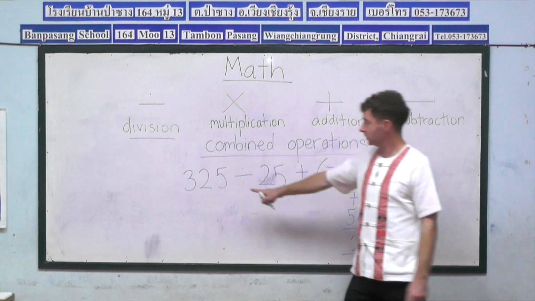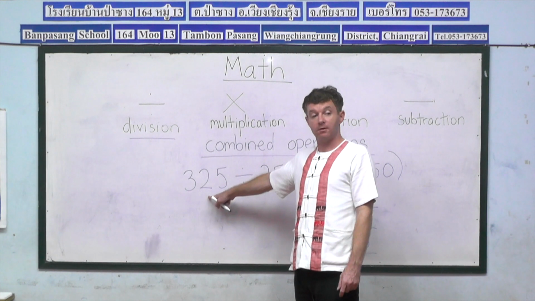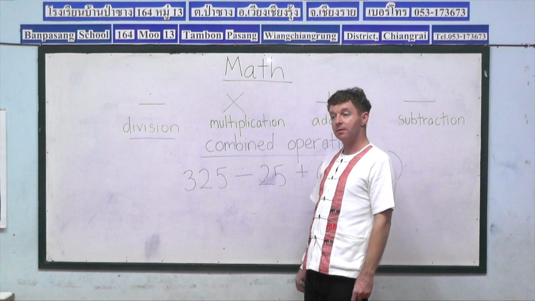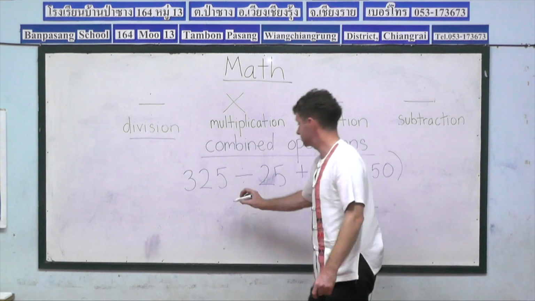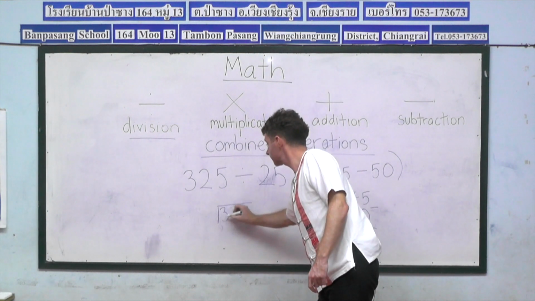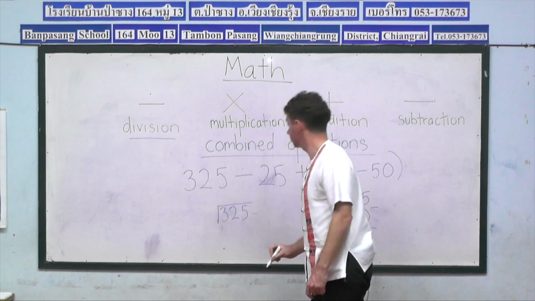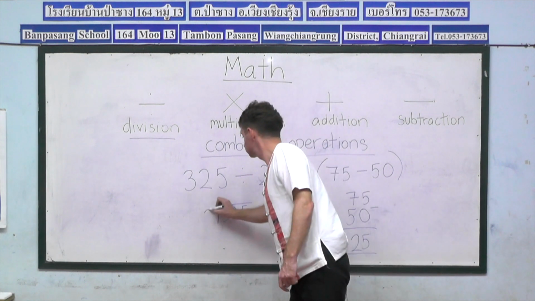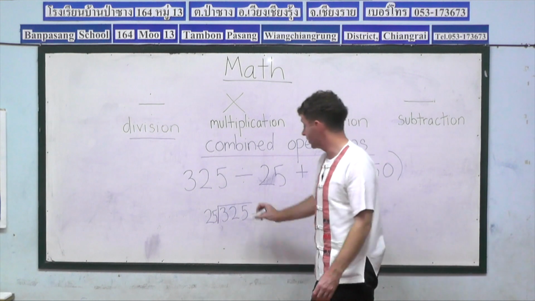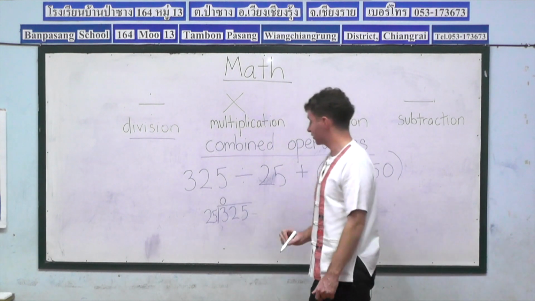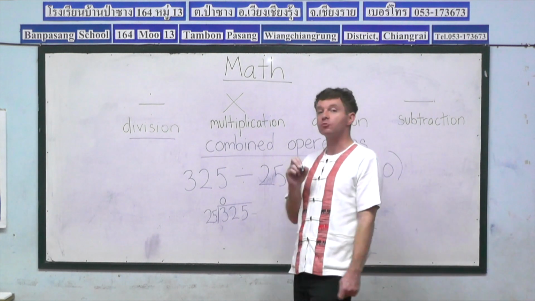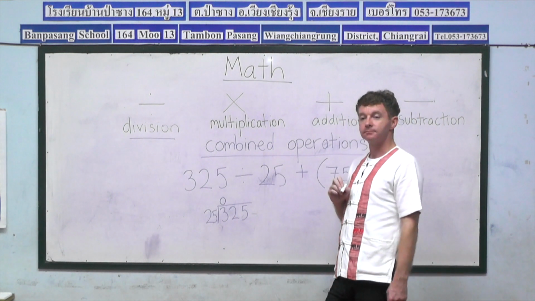Next, 325 divided by 25. Let's organize our division table. Remembering our long division steps, 0 above the 3. How about 32? 32 divided by 25 equals 1.